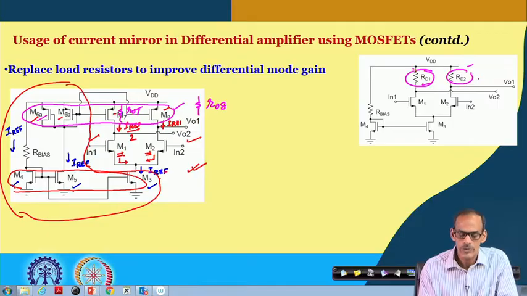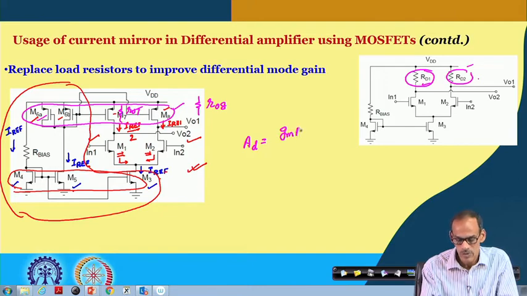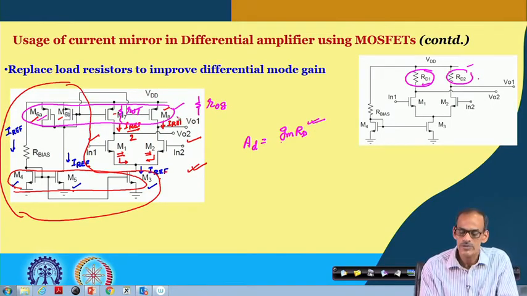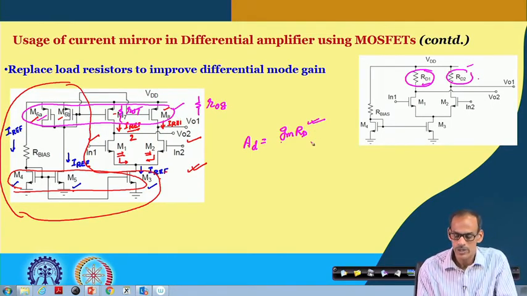And we know that the differential mode gain is equal to GM into RD, and since we are replacing this RD by these active devices, we expect the gain to be higher.